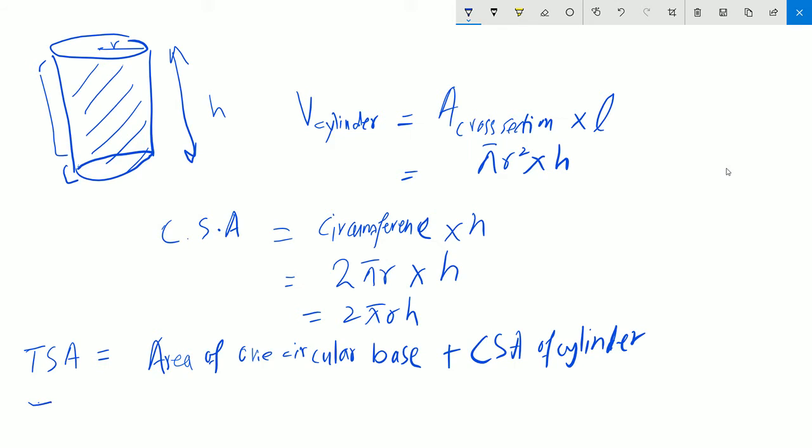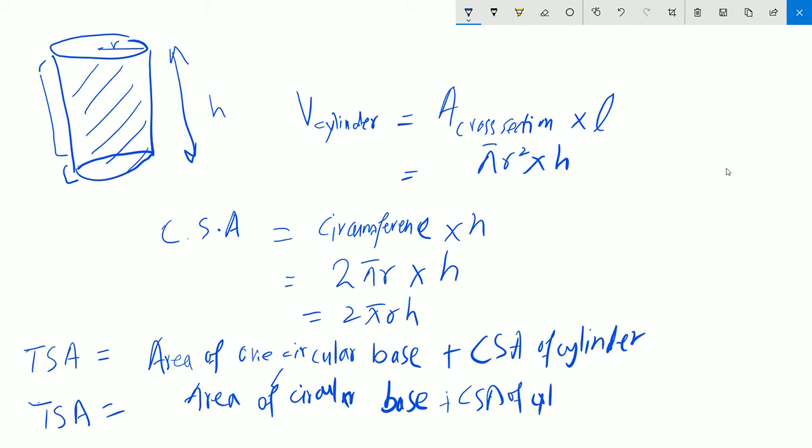To calculate the total surface area of a closed cylinder, we use the area of circular base plus curved surface area of that cylinder plus area of circular top.